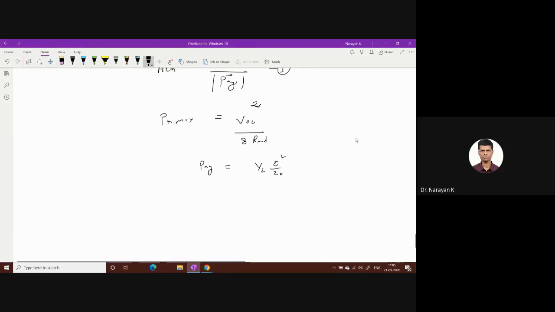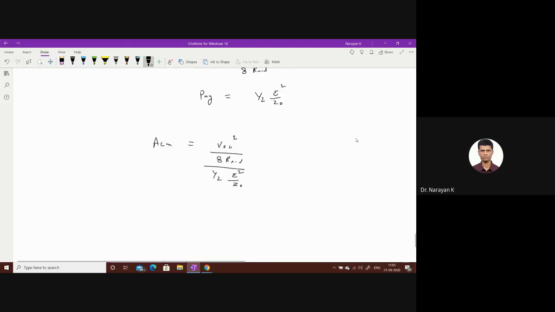So what will be our maximum effective aperture? VOC square divided by 8 times radiation resistance divided by half E naught square by Z naught. Agreed? So this will be VOC square divided by 8 times radiation resistance, into, so your 2 will come up, Z naught divided by E square.